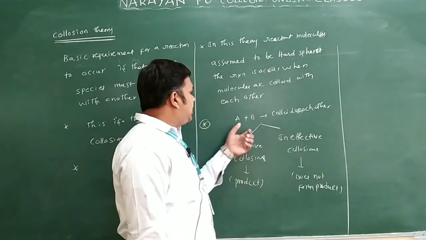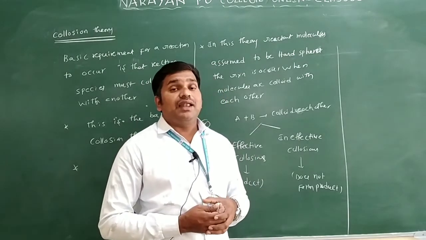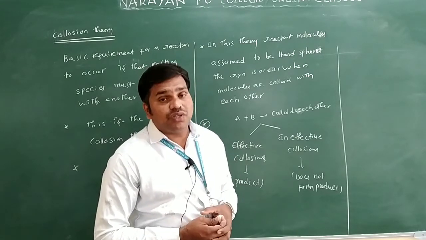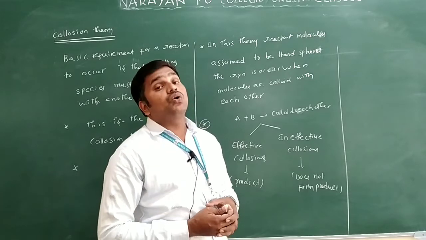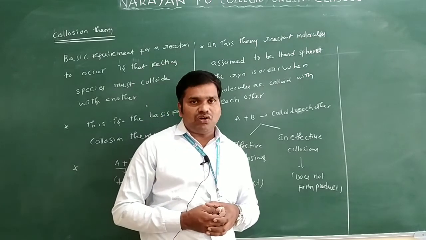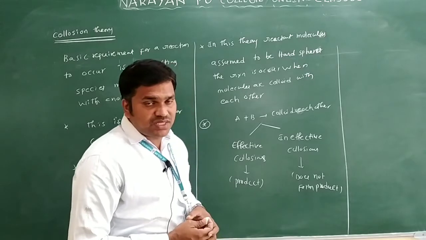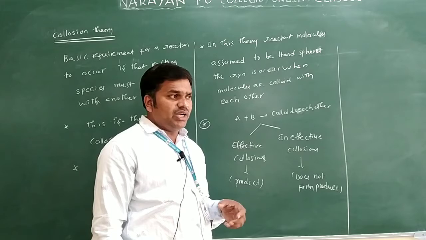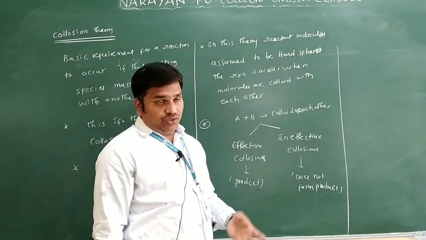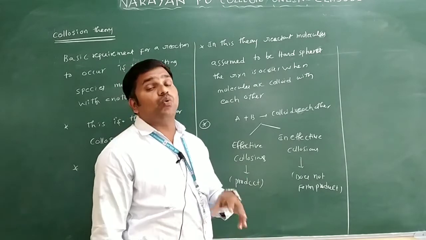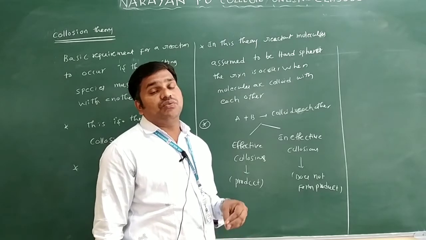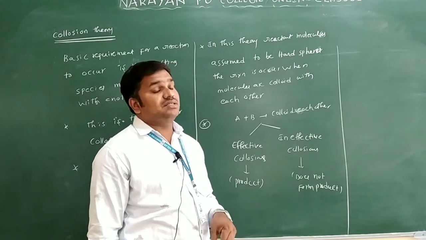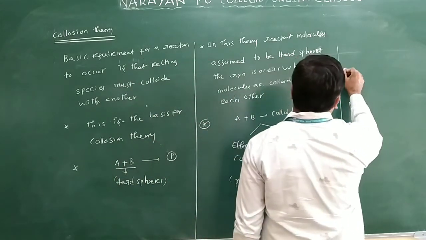The number of molecules that collide with each other in one second per unit volume of the reaction mixture is called the collision frequency. That is denoted by Z. So I will write here collision frequency.